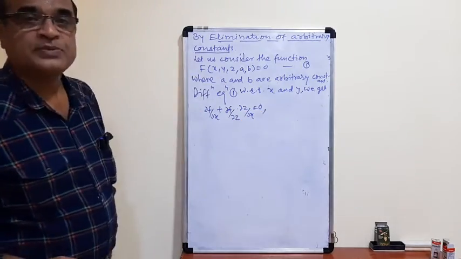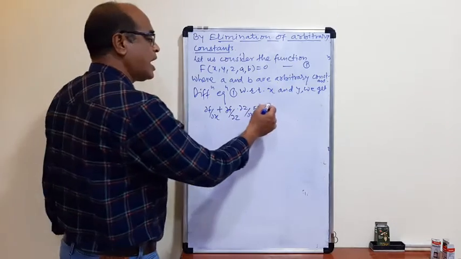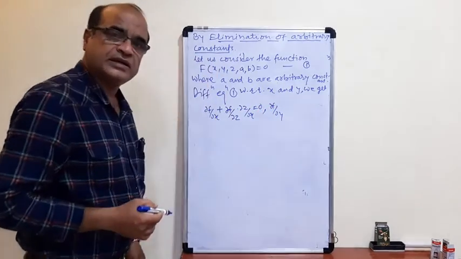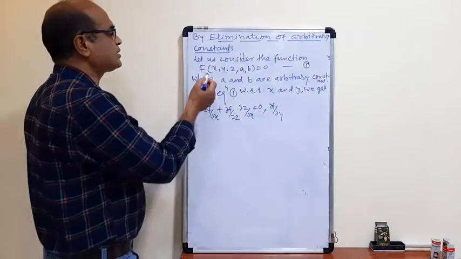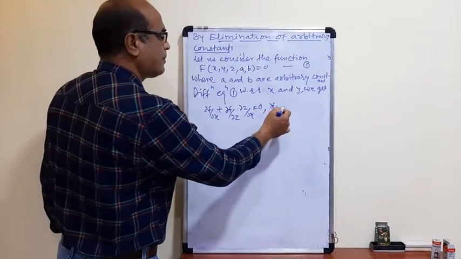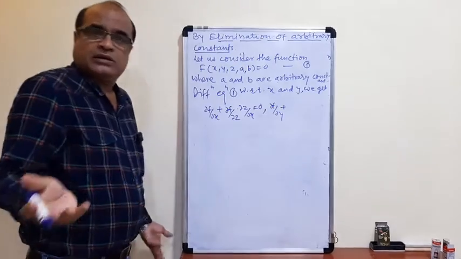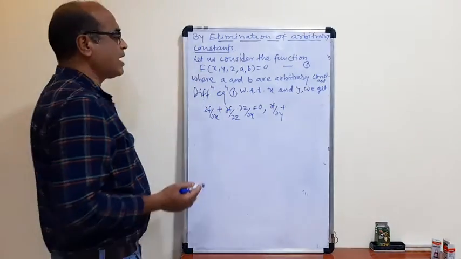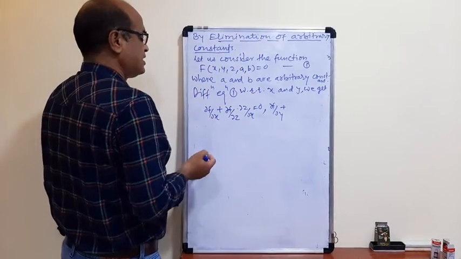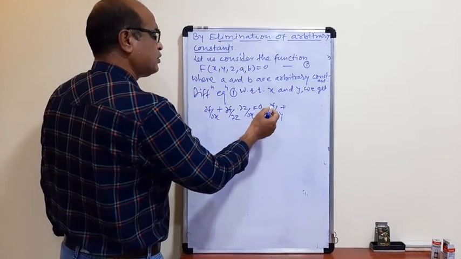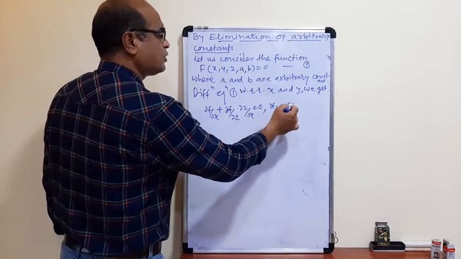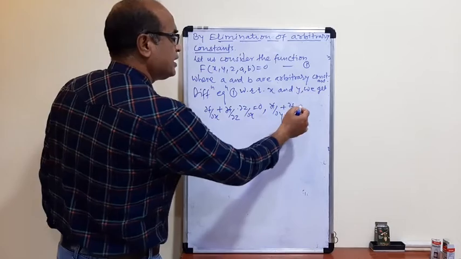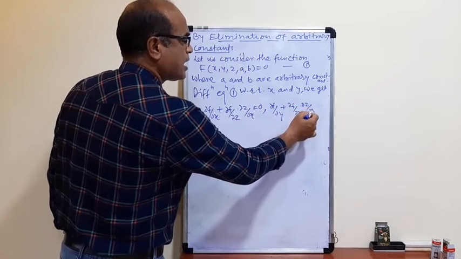Again we differentiate with respect to y, keeping x constant. So that is ∂f/∂y plus ∂f/∂z into ∂z/∂y is equal to 0.